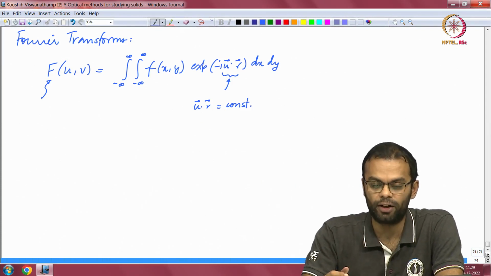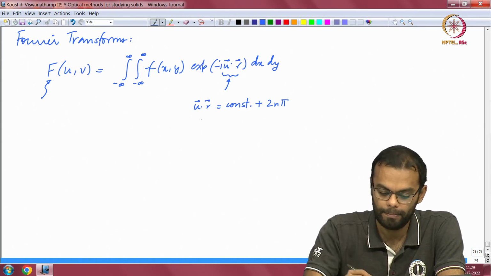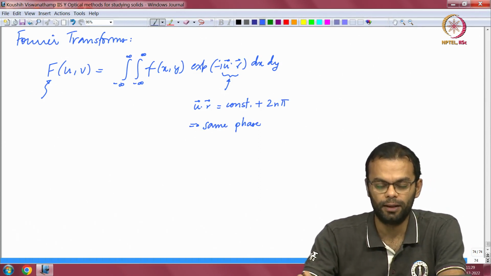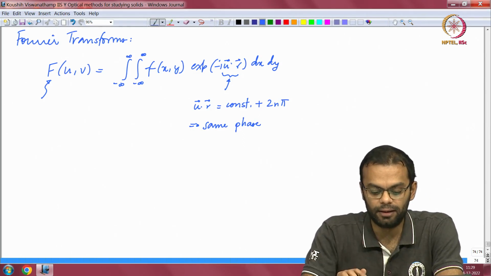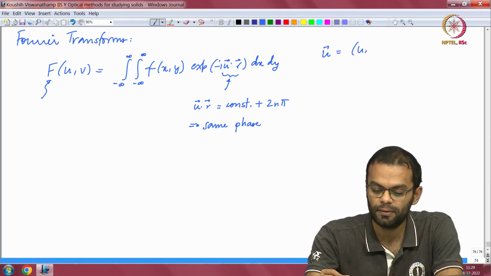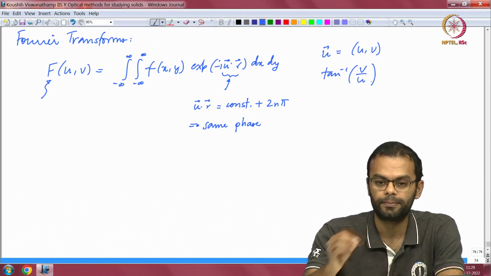Whenever u bar dot r bar is constant or a constant plus some 2 n pi, you will get the same phase, because e to the power of 2 i pi is equal to 1. And so, you will get a family of parallel lines, and the direction of the line is basically tan inverse of the components of the vector u, which is tan inverse of v by u.